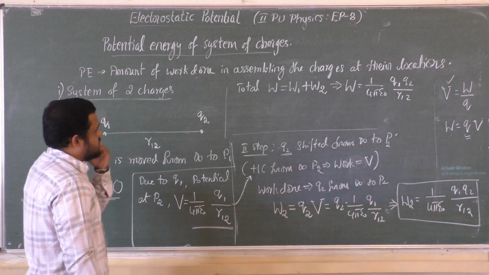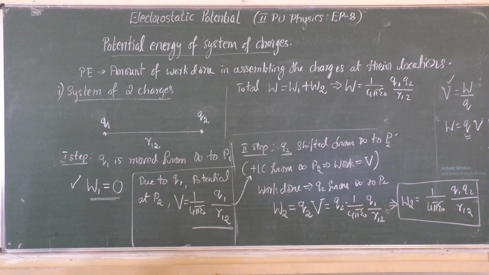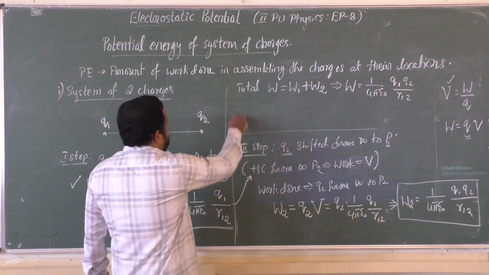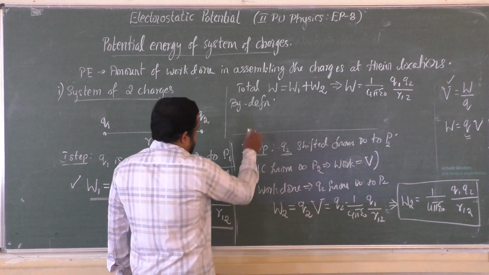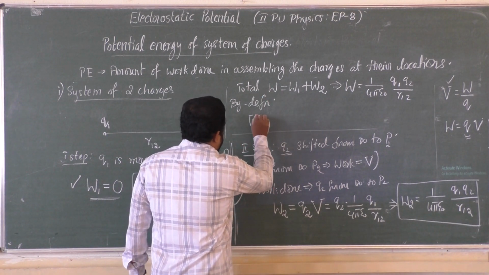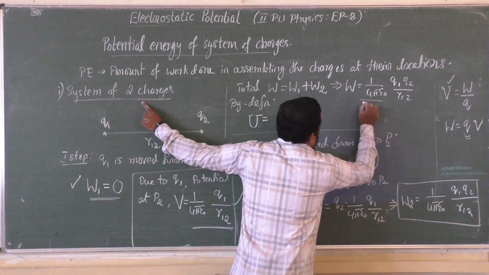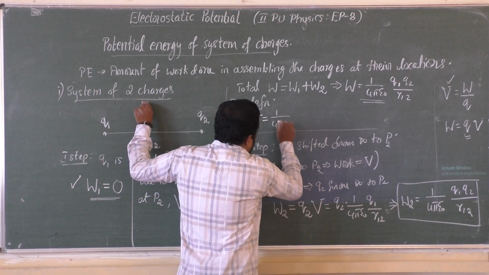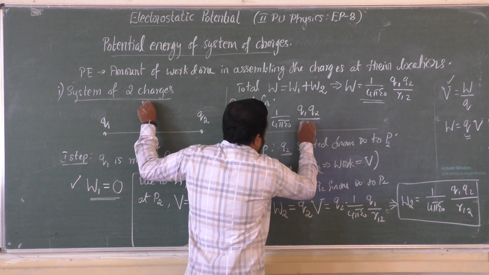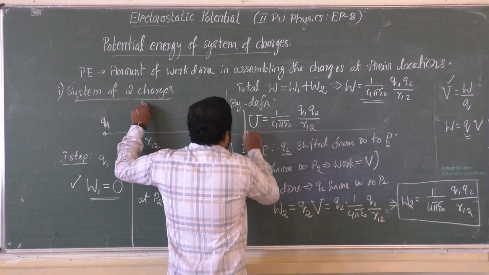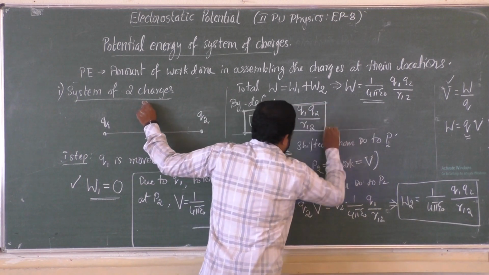By definition of potential energy, work done itself is the potential energy. Therefore, the potential energy of a system of two charges is equal to 1 by 4 pi epsilon naught Q1 Q2 divided by R12. This is the expression for potential energy of a system of two charges.